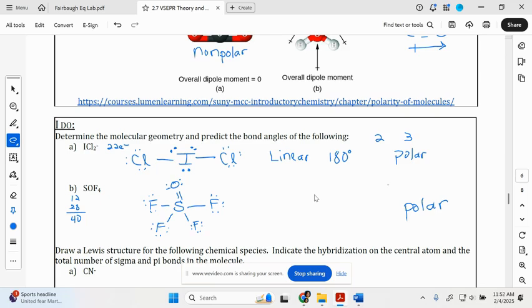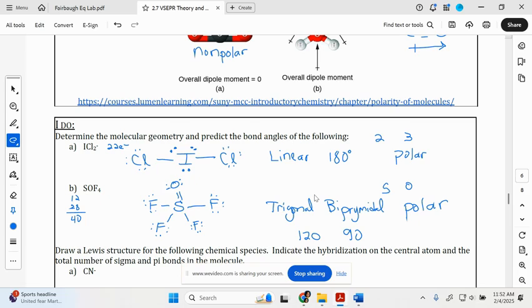Look that up on the list. I've got 5 and 0. Trigonal bipyramidal, and then what is my bond angle? 120 in a plane and 90 perpendicular.